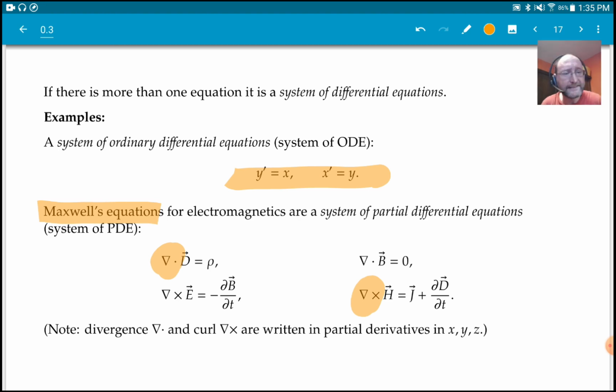Usually it's written like this, but those are written in partial derivatives in x, y, and z. So x, y, and z position are independent variables, and you also have time. This also depends on time. So those are Maxwell's equations.